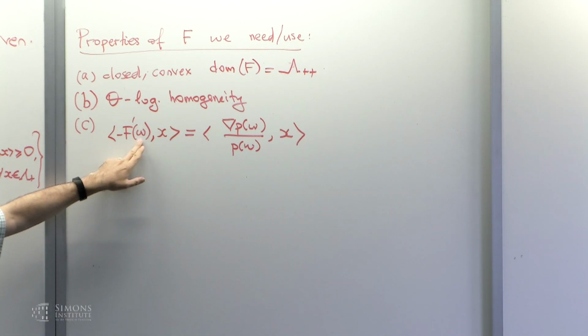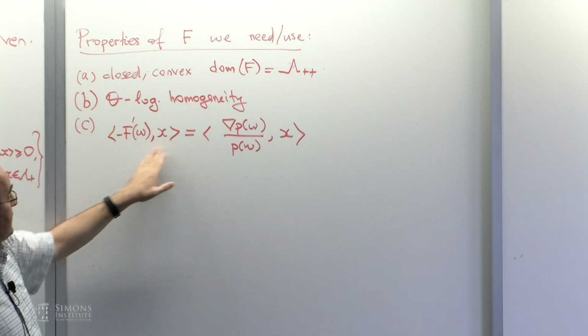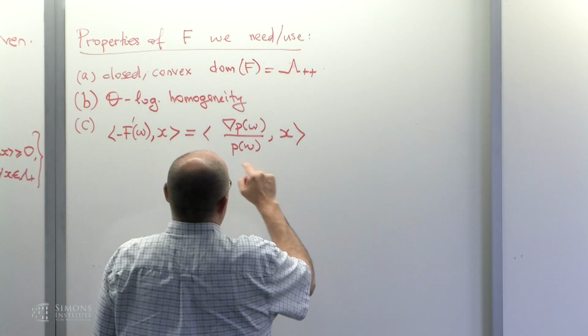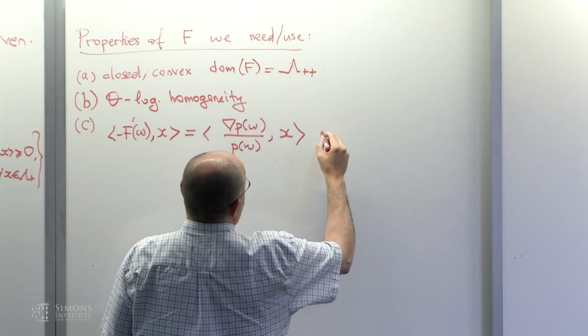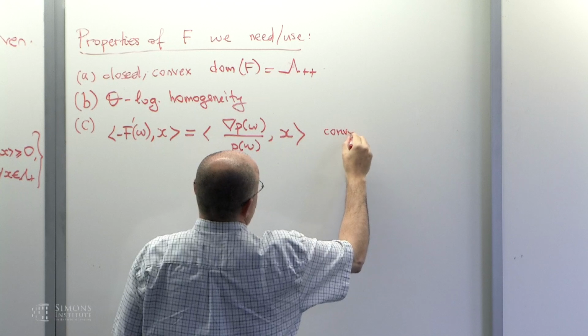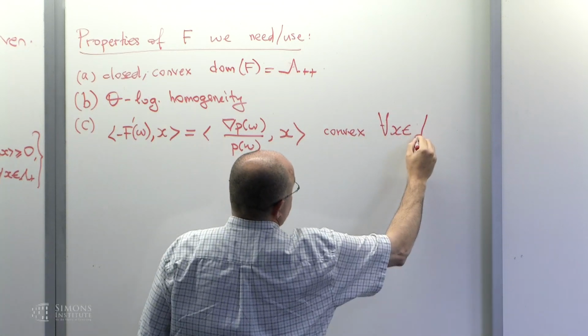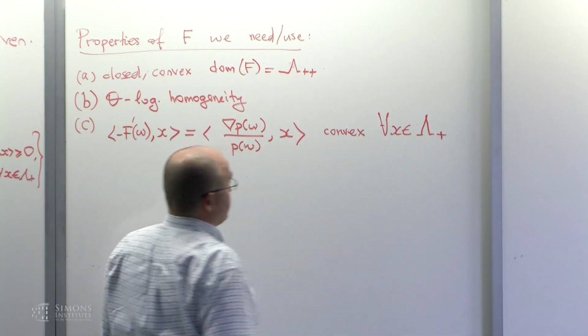So I should really be looking at a w that's in the interior of the hyperbolicity cone. And I'm taking the scalar product with some x. Okay, so what I'm going to say is that this is convex for all x in the hyperbolicity cone.